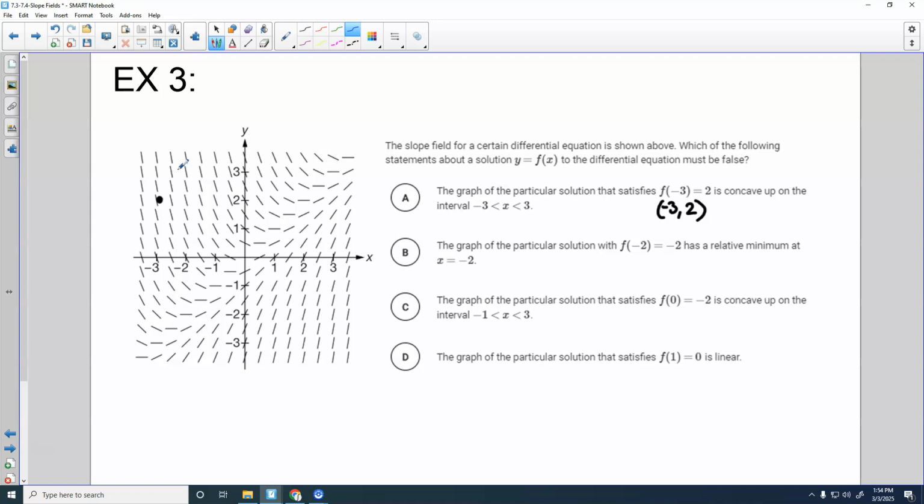And if I want to draw a solution that goes through that point, this may not be perfect, but I could draw in some sort of graph that would look maybe something like this. This dashed line right here is going to sort of serve as a slant asymptote. Now it might not look exactly like that, but it should go with the flow of the graph.